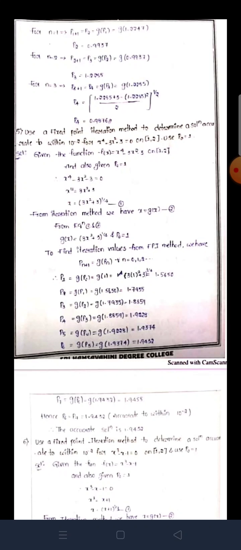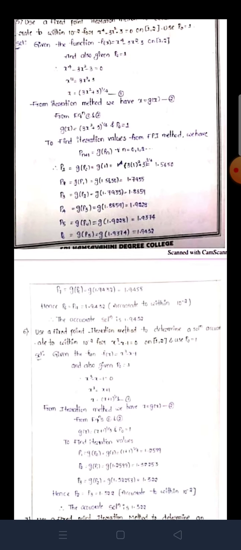P7 is equal to g of P6 is equal to g of 1.9432 is equal to 1.9455. Here the value repeated, hence P6 equals P7 is equal to 1.9432, accurate to within 10 power minus 2. Therefore the accurate solution is 1.9432.